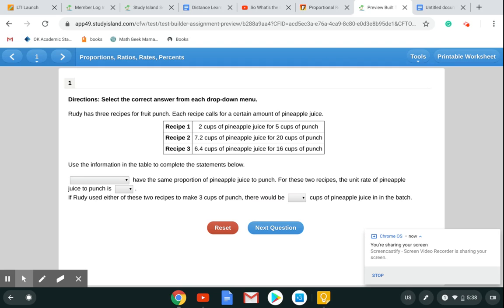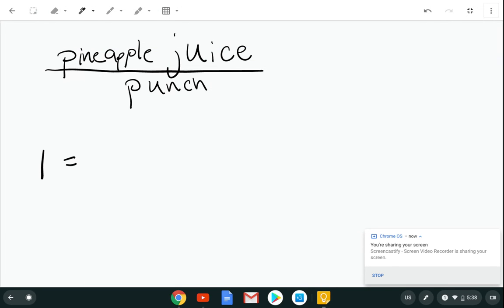Recipe 1 says that we have 2 cups of pineapple juice for 5 cups of punch. Recipe 2, actually we're not going to put an equal sign because that's not equal. There we go.